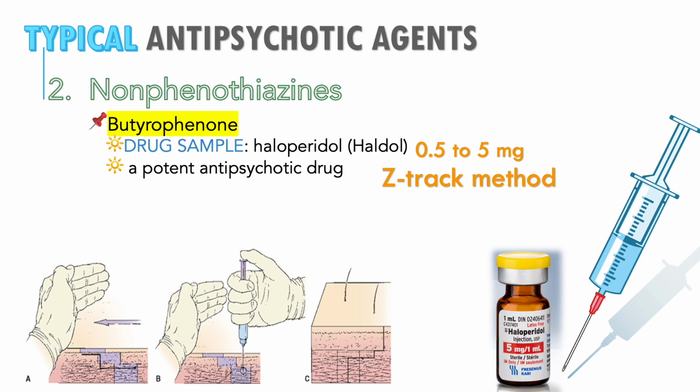The injection site should not be massaged, and sites should be rotated. These medications should not remain in a plastic syringe longer than 15 minutes. Take note, this is true if the medication is administered intramuscularly. There are also capsule or tablet forms of haloperidol.